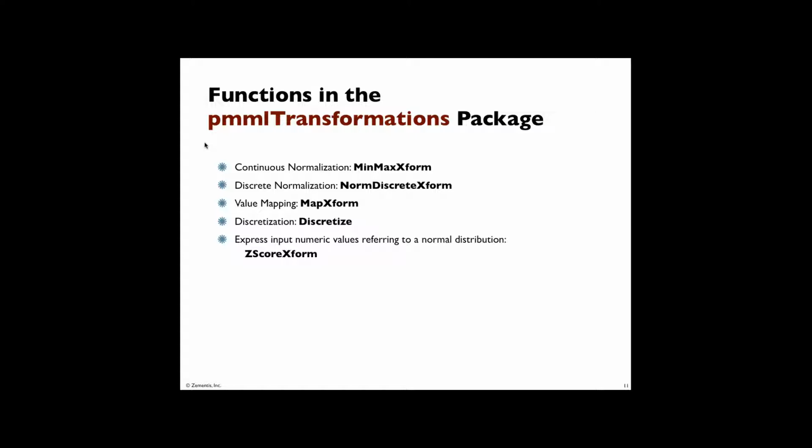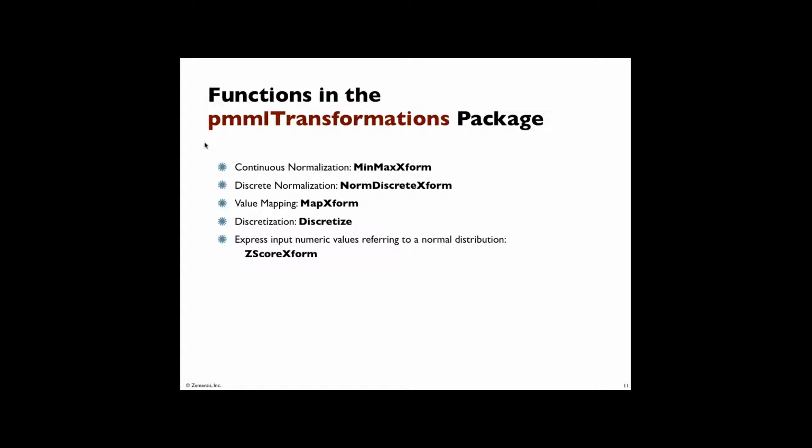Map transform, well, it's a mapping, so it's one value to another, no problem. Discretize is basically, you can call it binning. You take a continuous variable and you break it up into chunks. So a certain range of the continuous variable will be essentially mapped to one discrete one. Again, I'll go through this in a little more detail soon.